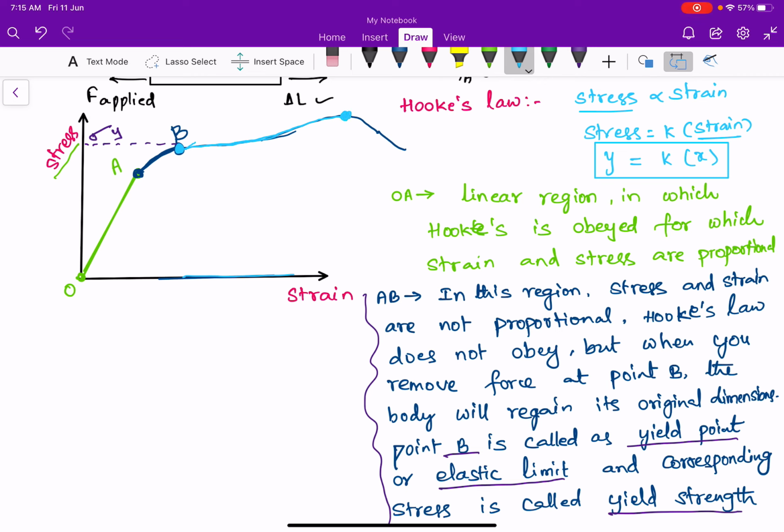This will be observed till point D. This is nothing but point D. So for a gradual increase in stress beyond point D, the strain will be more.